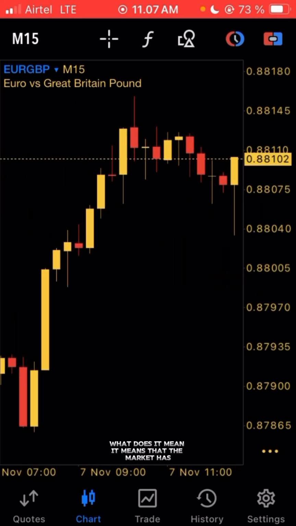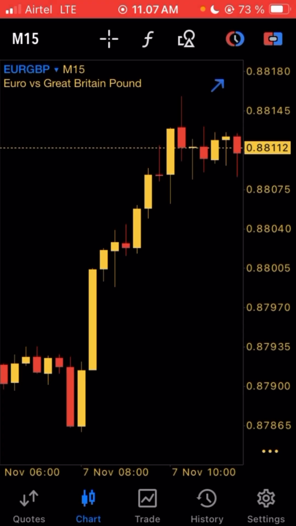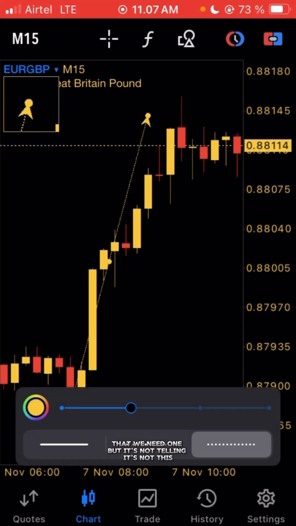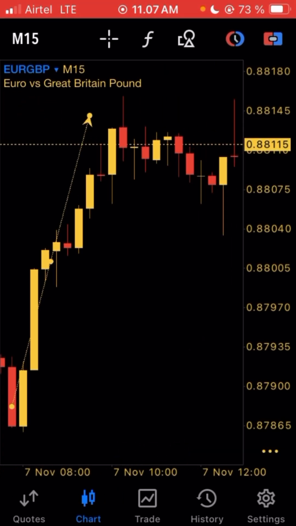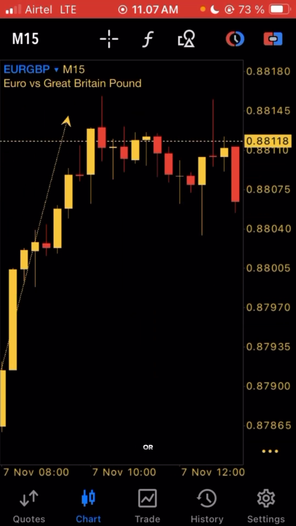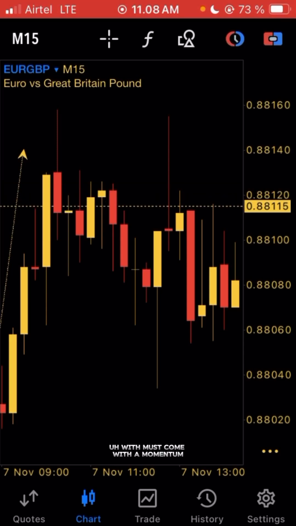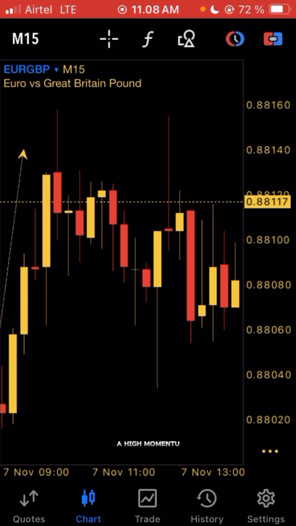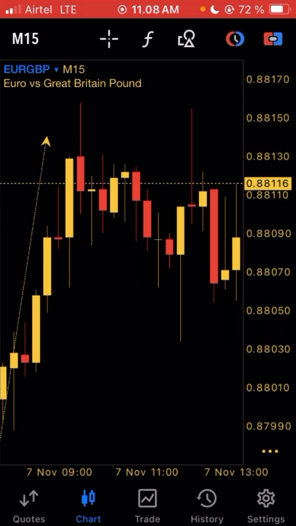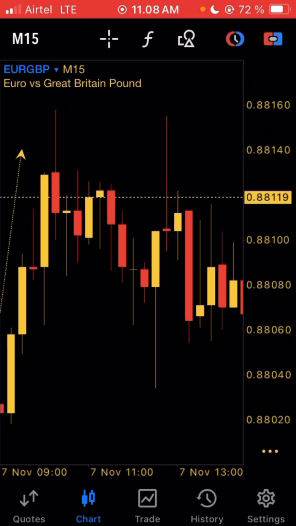It means that the market has finally given us that push that we need, but we're not actually taking a break here. We're not trying to trade a break, or you can still trade it as a break, but remember, the break must come with a momentum, a high momentum, either from the upside or the downside.